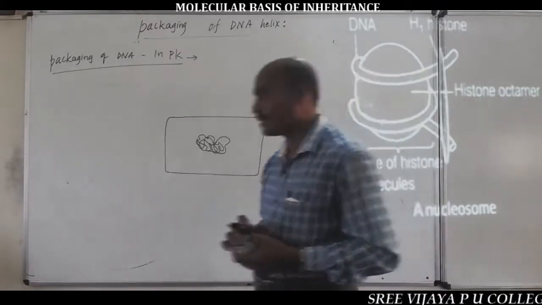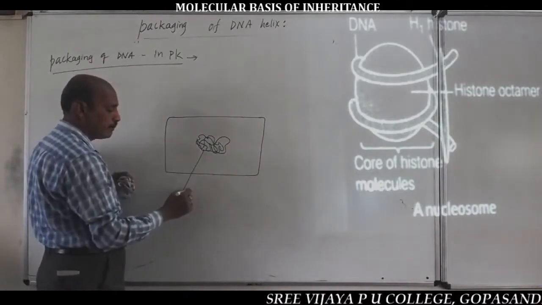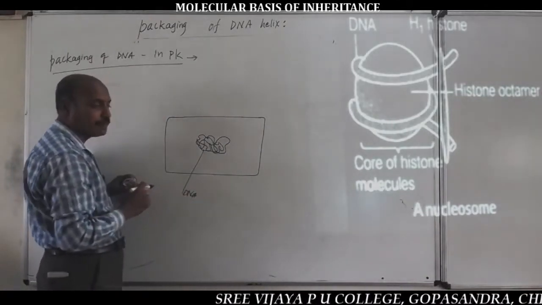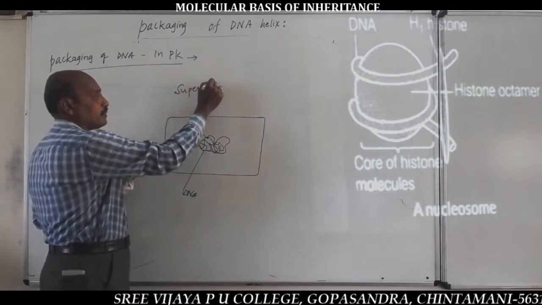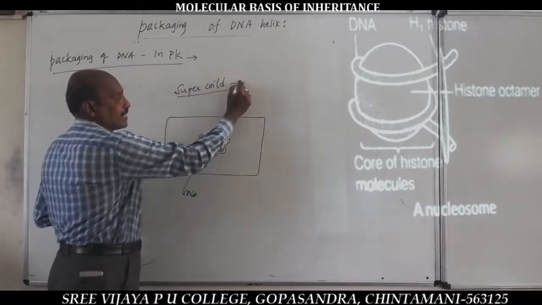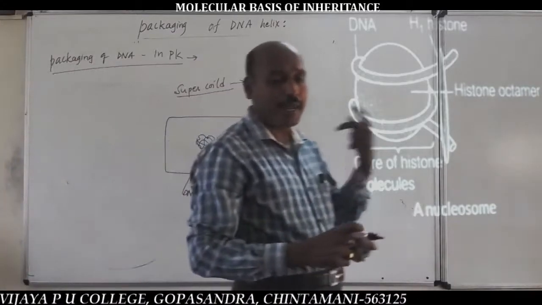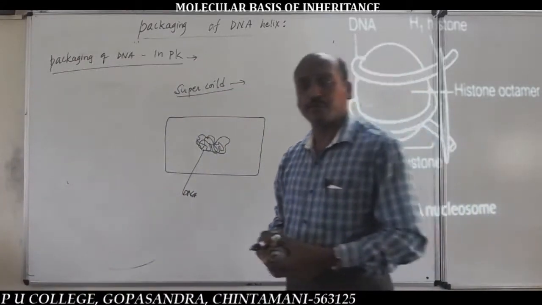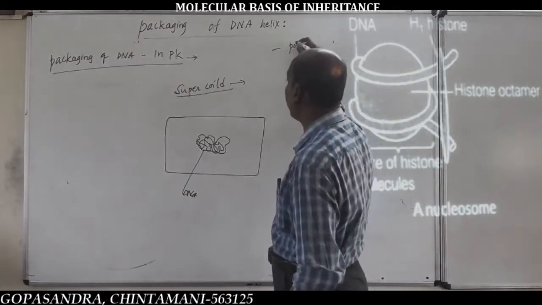Remember this statement clearly: in prokaryotes, DNA is present in the cytoplasm in super coiled nature. This super coiled nature is maintained with the help of basic proteins called polyamines.